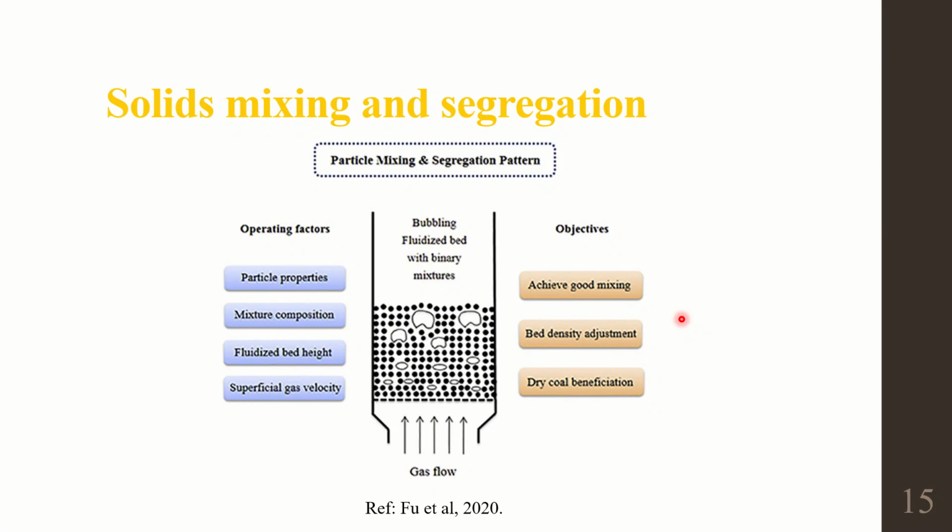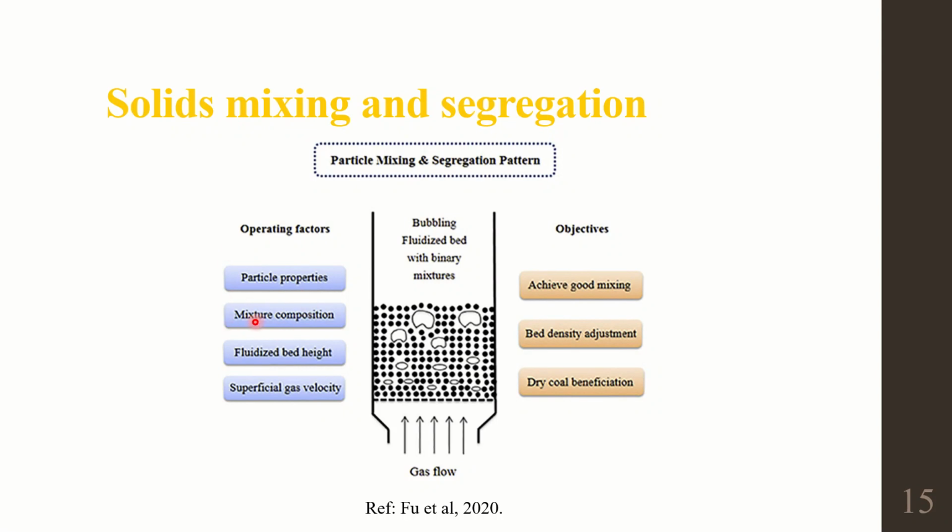So generally what influences these would be the particle properties. If we consider two particles, like coal and quartz, we know the density of these particles would differ, and then we need to know whether the size of coal and quartz remain the same or differ, and also whether they are of the same shape, and the mixture composition.